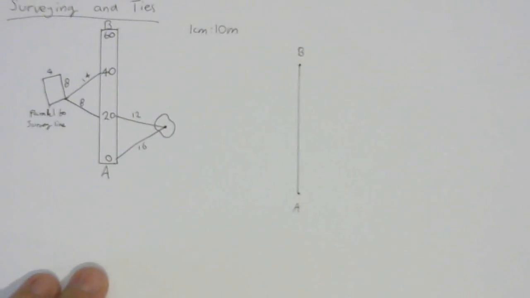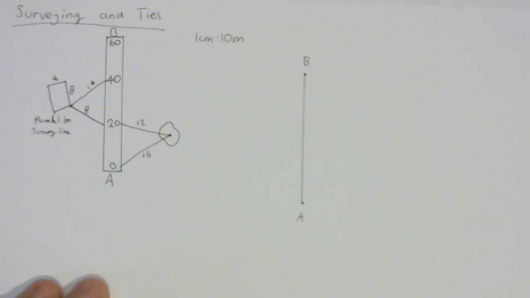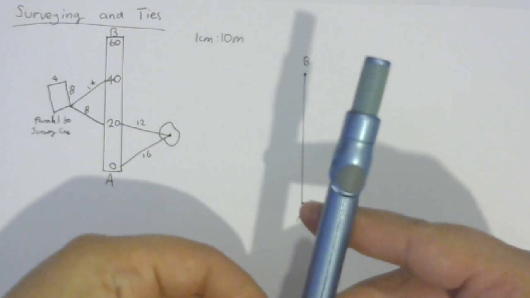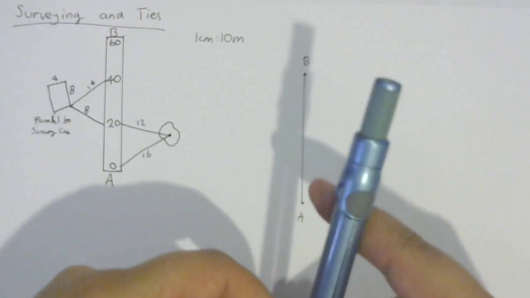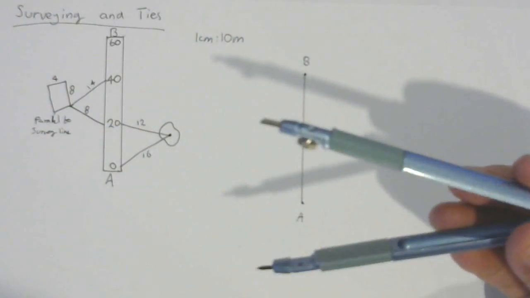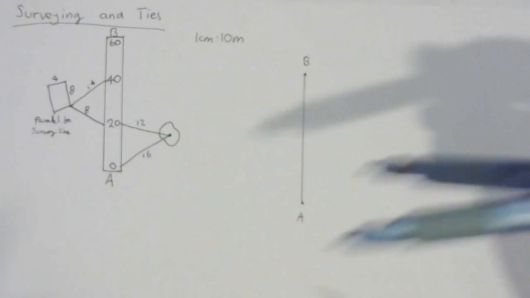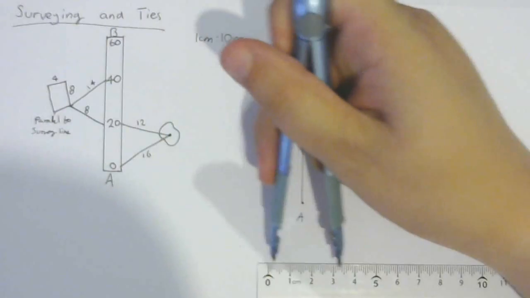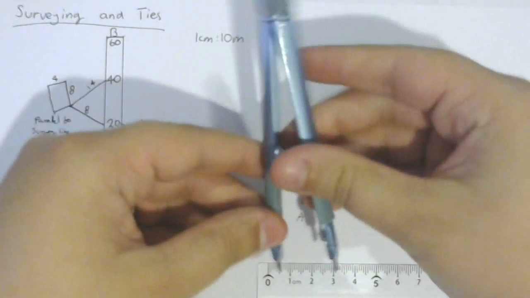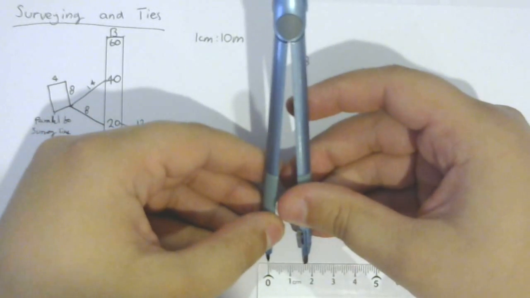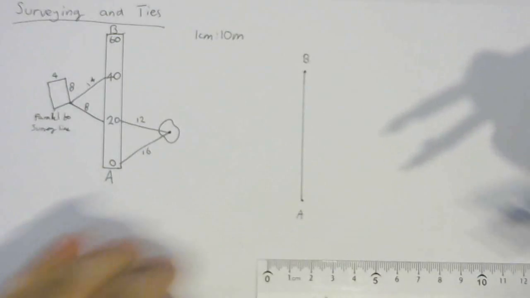So what we're going to have to end up doing is use a compass. A compass is one of these, one of the drawing compasses. The way we'll use this is by measuring out 1.6 centimeters, which is 16 meters, on the compass, which is that much.